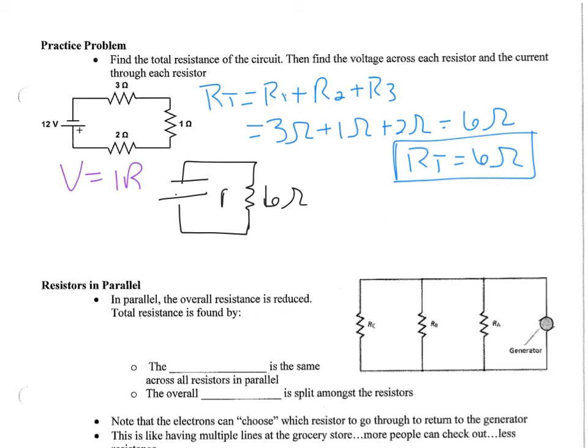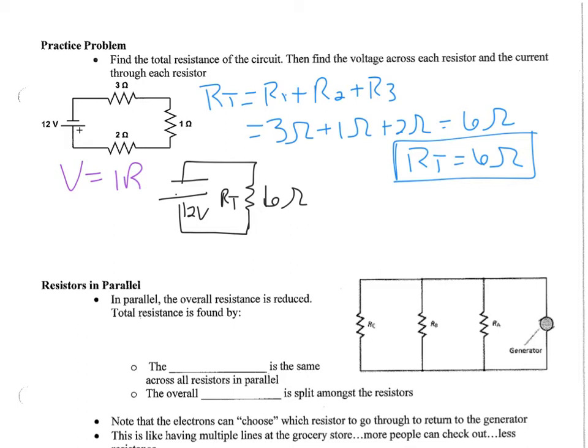So in other words, this is your total resistance. And you've got your 12-volt battery. So knowing whatever the current is through the total resistance is going to give you the current through here, here, and here. So my total resistance is 6 ohms.